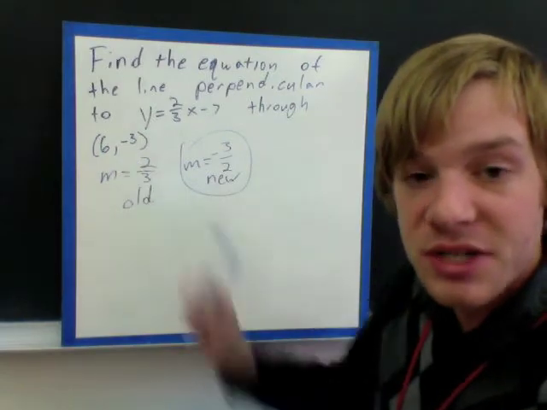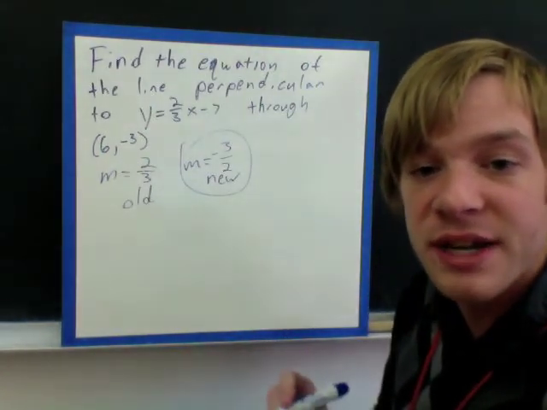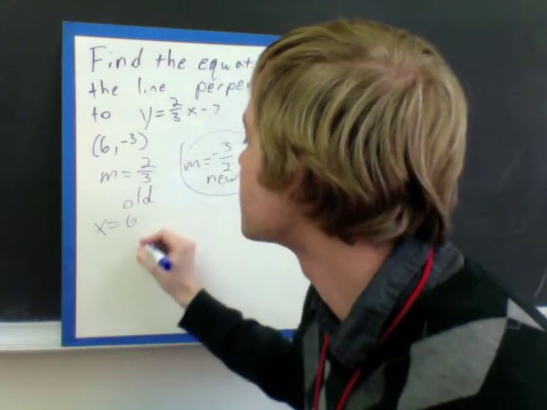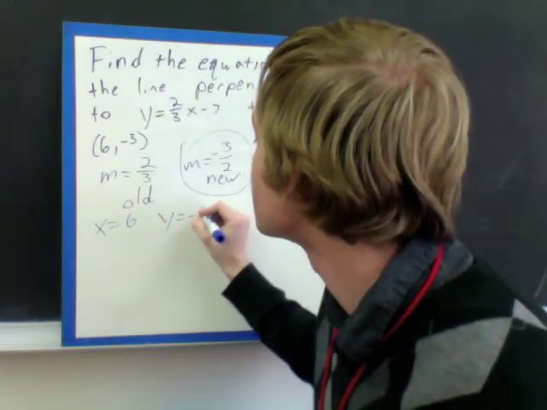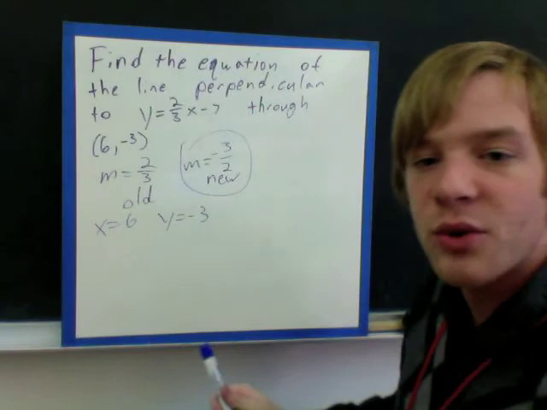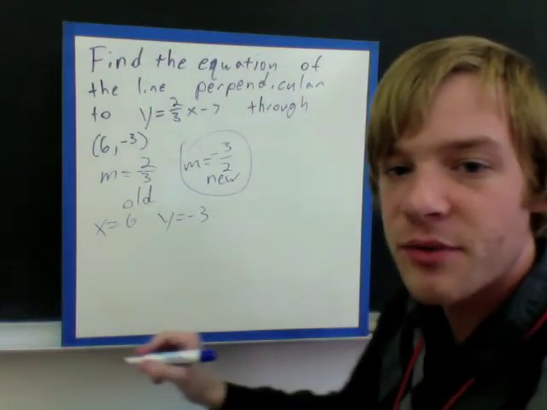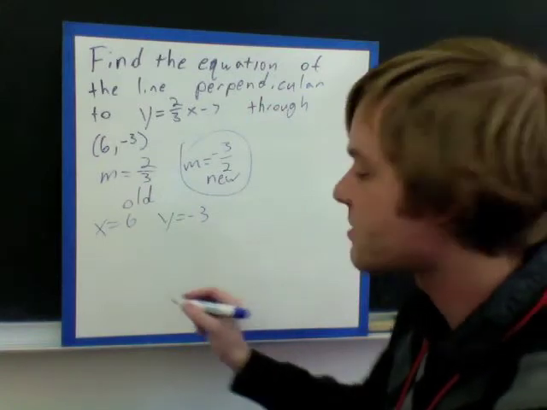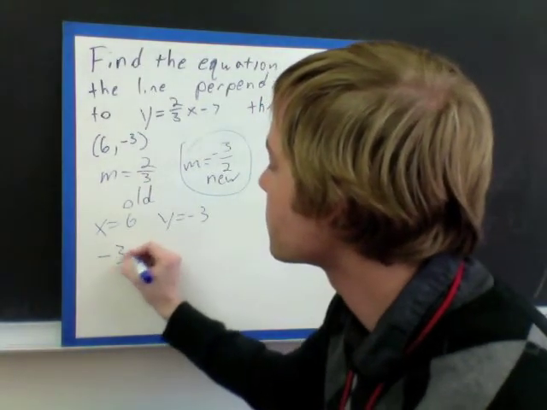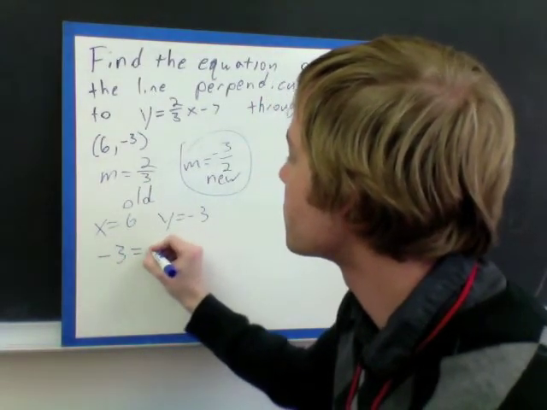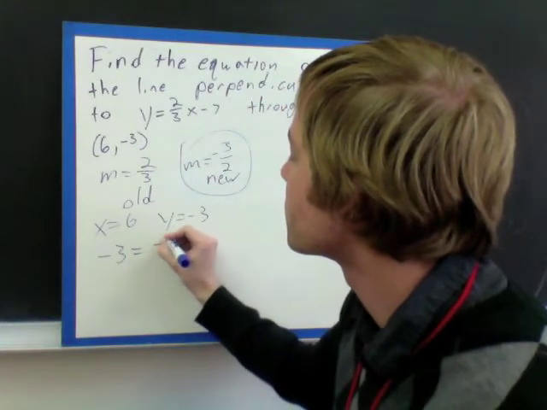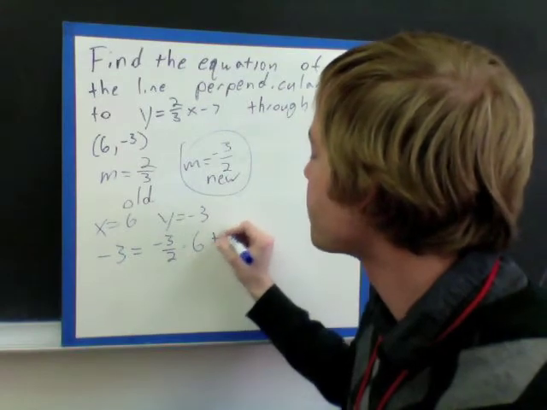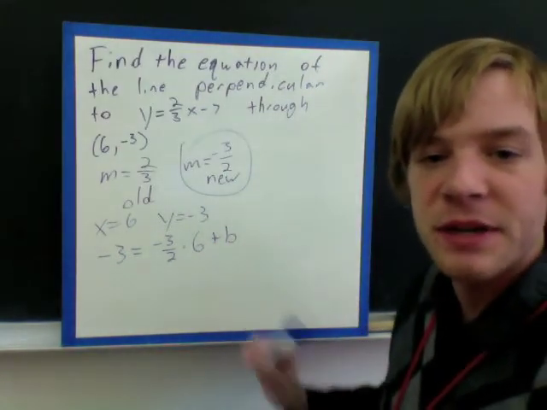Now we're going to use our x and our y. Our x is 6, our y is -3. So I'm going to plug into my equation, and I'm going to get -3 equals -3/2 times 6, and I've got my plus b on the end here.